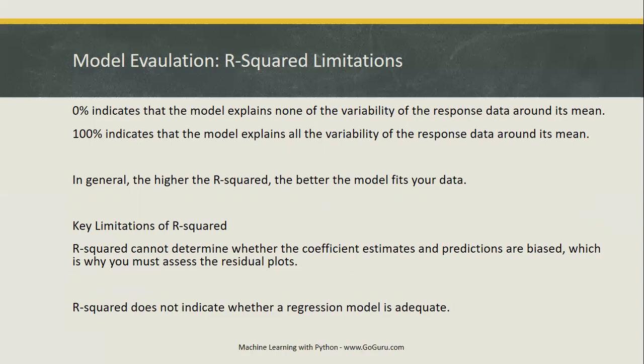That is what is called biasing. It is more biased towards the set of data that it has been trained on. So the R square value will not tell us if our model is biased or not.